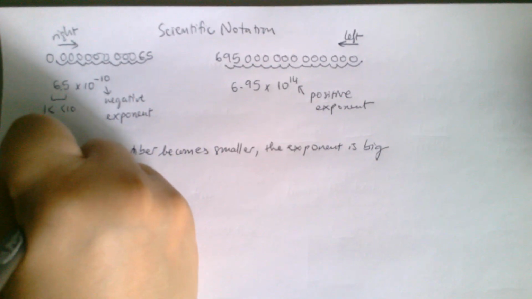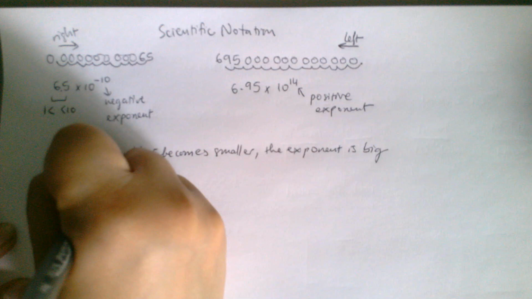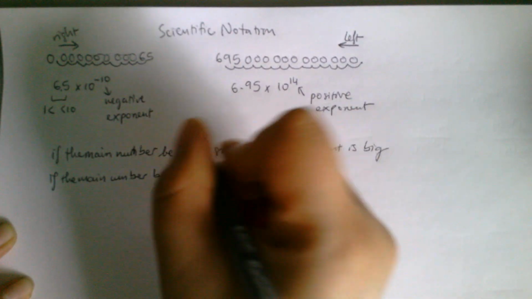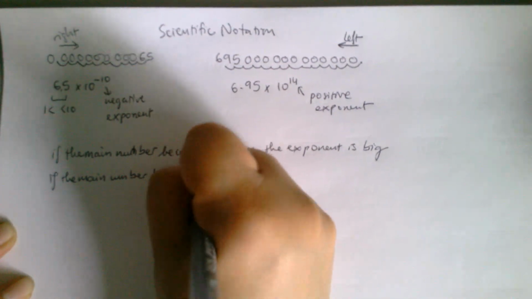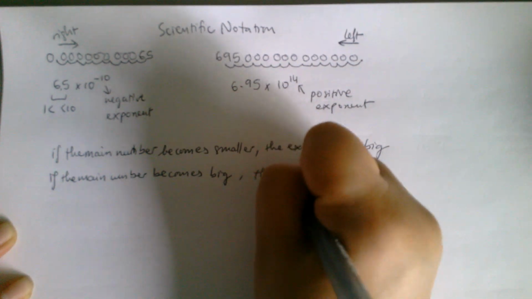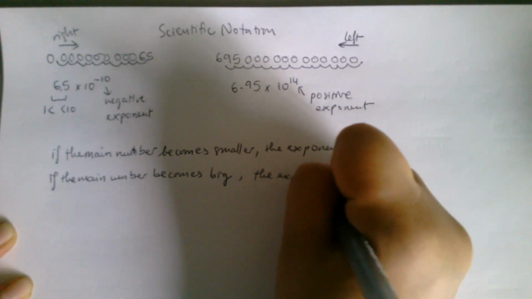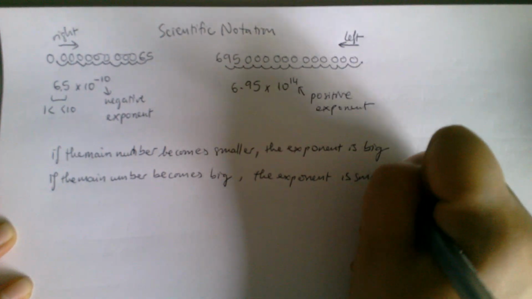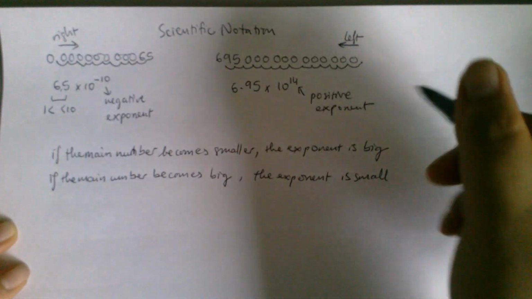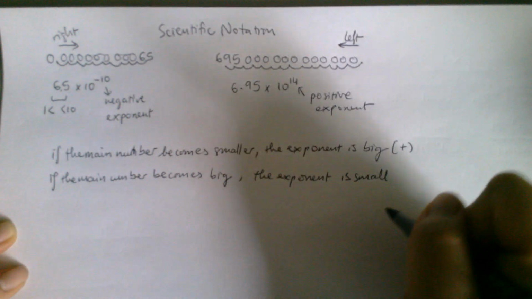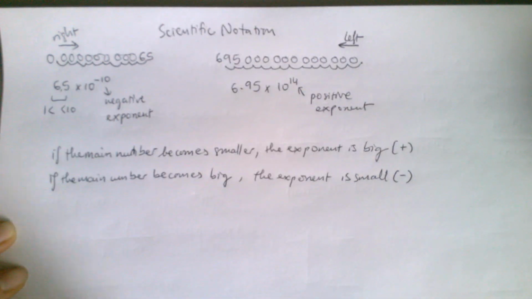And if the main number becomes big, the exponent is small. And by saying big, we mean positive. By saying small, we mean negative exponent.